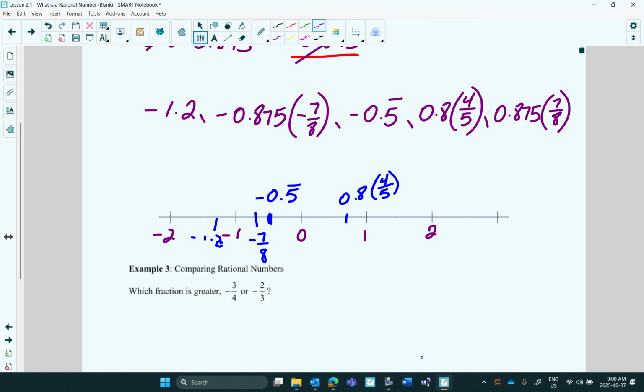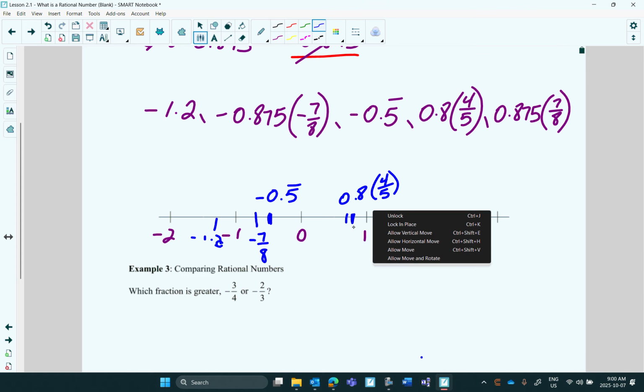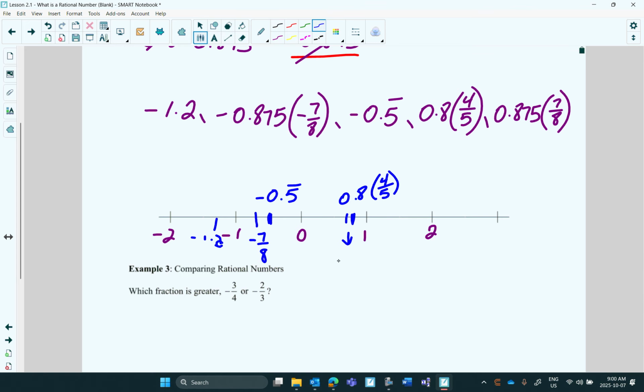Where would 0.875 go? To this side or this side? To the right side a little bit, right? Yeah. So 0.875 would be that, or 7/8. Okay, so in addition to ordering them, you should also be able to put them on a number line.